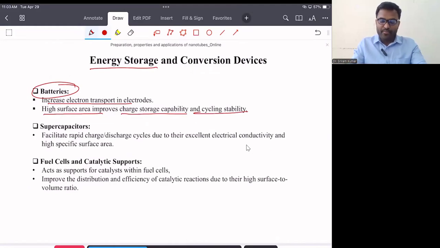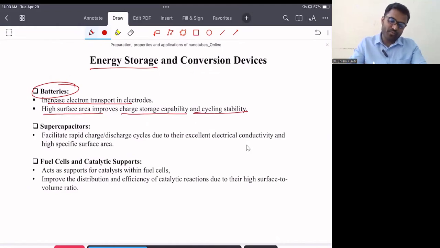I can make a separate video on how carbon nanomaterials like CNT and graphene make more stable and higher performance batteries.